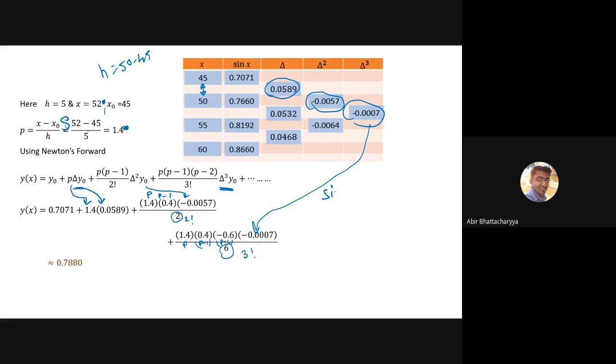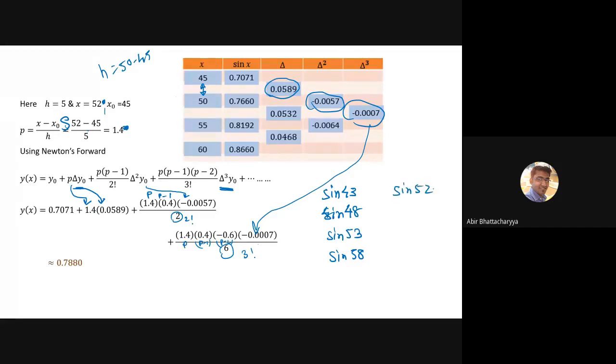I give you these four values. Now my question is that, after having these values, what will be your answer of sine 52 degree?